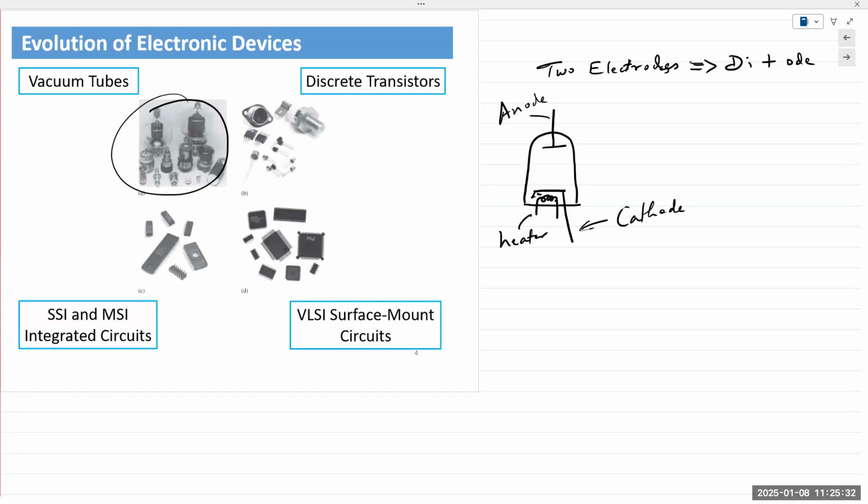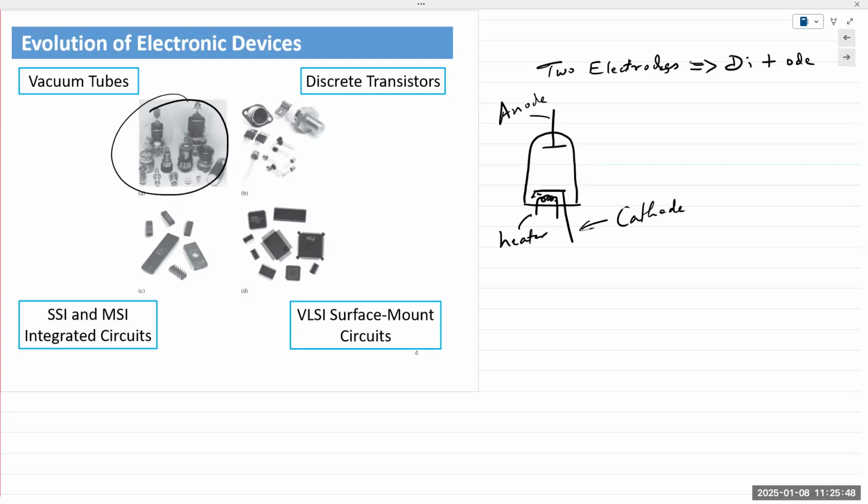What they did was they applied electricity and voltage to the heater filament, heated it up to very high temperatures.